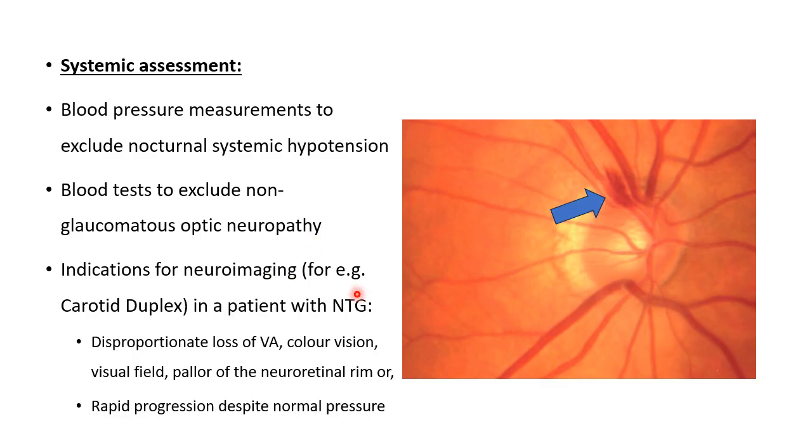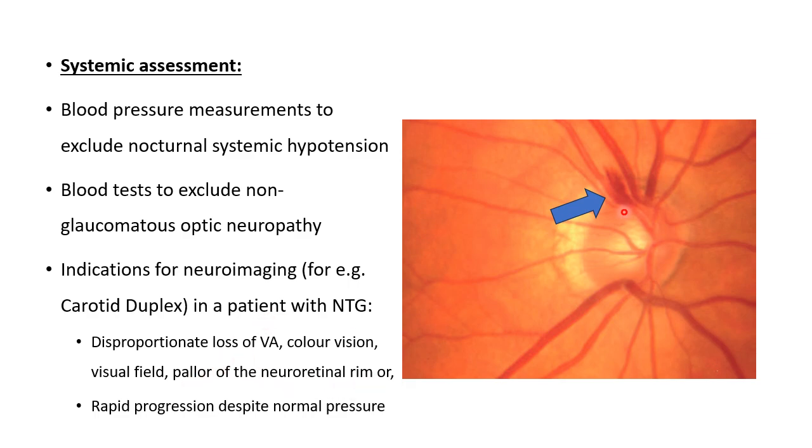Indications for neuroimaging include disproportionate findings: excessive loss of visual acuity, excessive disproportionate loss of color vision, disproportionate loss of visual field, excessive pallor of the NRR. Normally the disc changes shouldn't be there, right? I mean excessive pallor of the neuroretinal rim, I'm sorry, not the pallor of the disc.